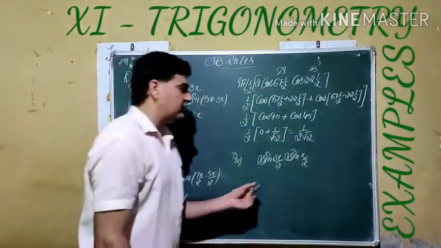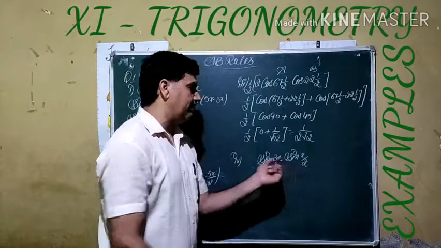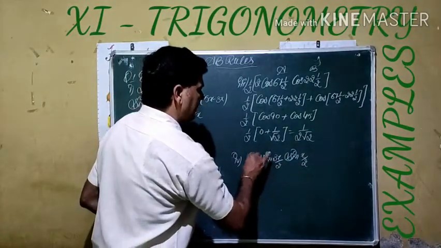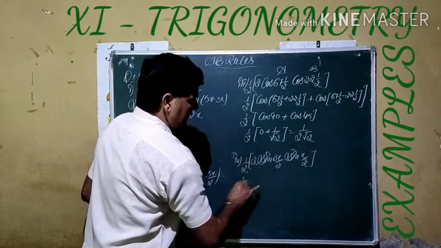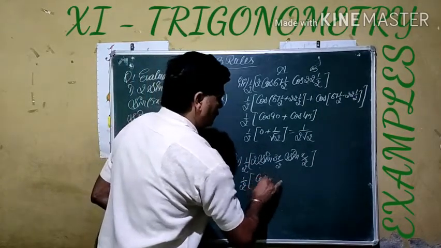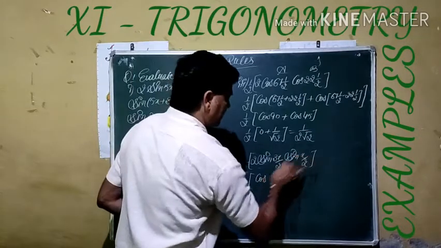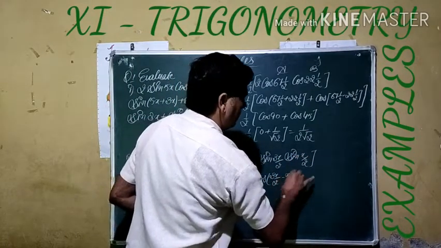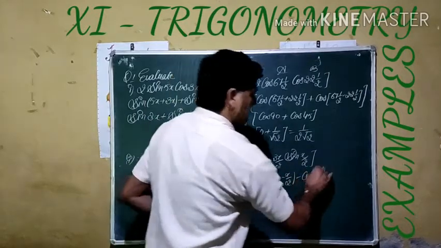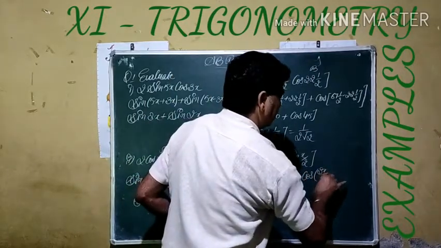In the next part, it is like sin A sin B, but we have the rule for 2 sin A sin B. So multiply by 2, divide by 2. The 2 sin A sin B rule is cos of A minus B, first meaning 3x by 2 minus x by 2, minus cos of A plus B, meaning 3x by 2 plus x by 2.